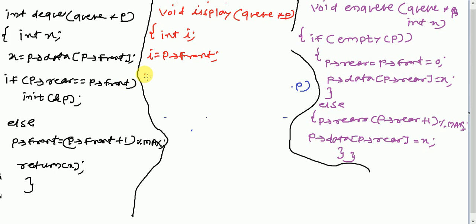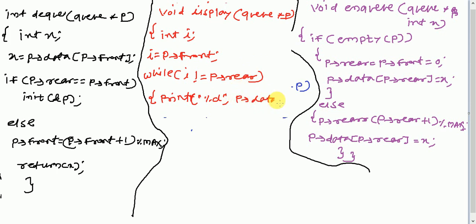Okay, so while I is not equal to P of rear, we'll simply print here printf %d P of data of I, because now I is basically here handling the index, so that will be P of data of I, and then I will get incremented modulo wise.